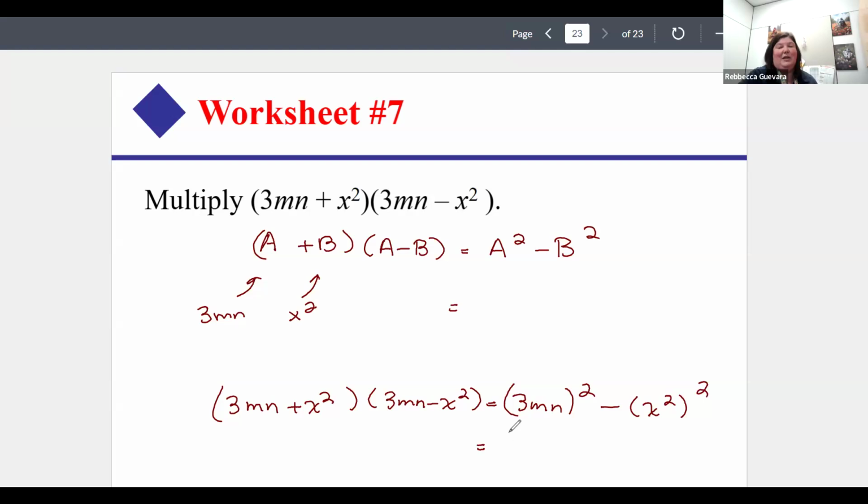So once again, remember you distribute that power through. So that's 3 squared, m squared, n squared minus x to the fourth now. So that's just 9m squared n squared minus x to the fourth.